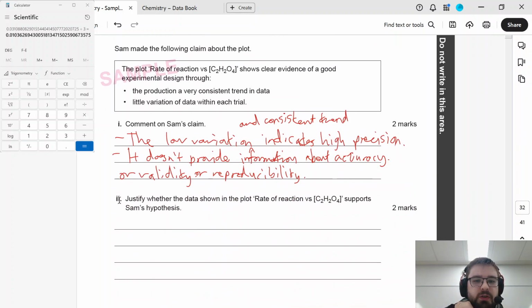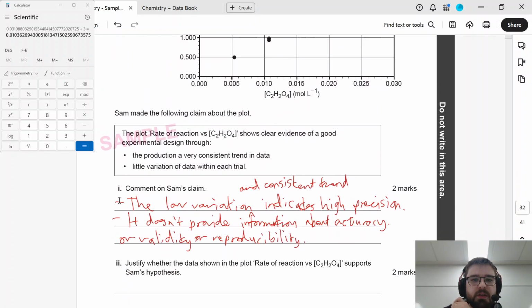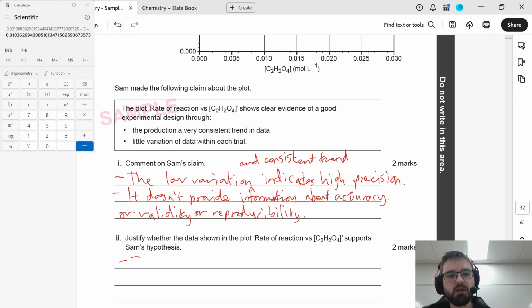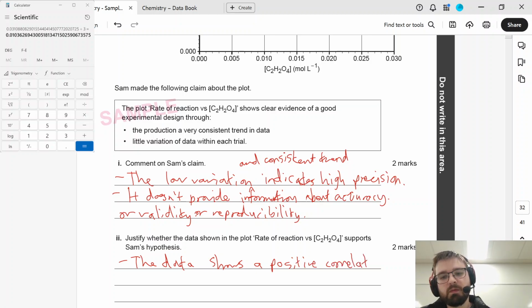Justify whether the data shown in the plot supports Sam's hypothesis. The data shows a positive trend, as higher oxalic acid causes higher rates.